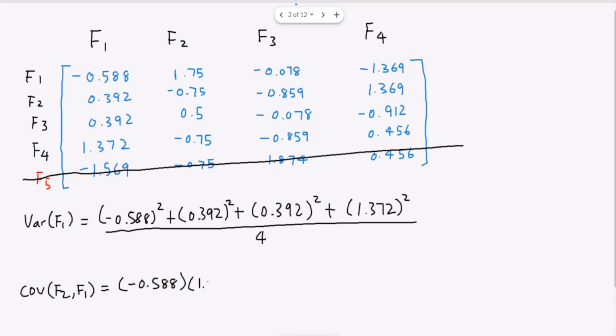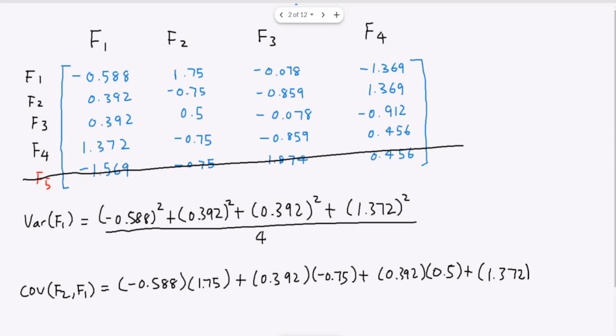I think I should have mentioned that a lot earlier, but that's okay. 0.392 over negative 0.75, and then we're going to do the same thing over here, 0.392, and then that's going to be 0.5, and then we're going to plus 1.372 and negative 0.75, and then all that divided by 4.